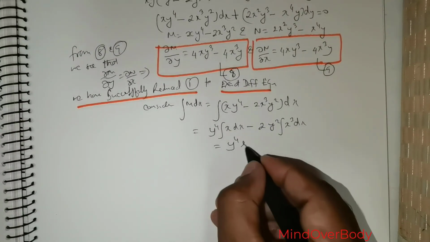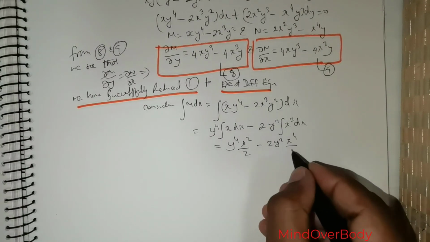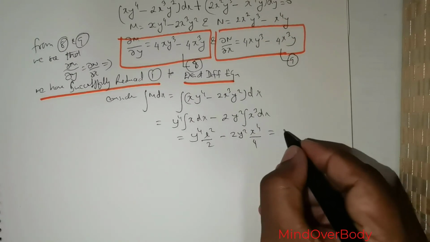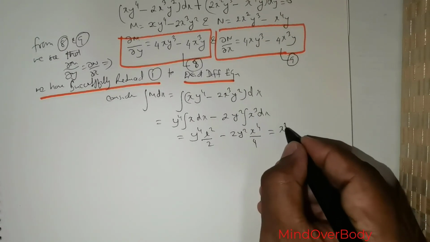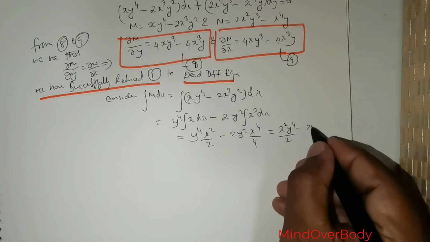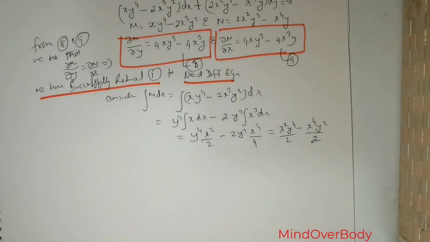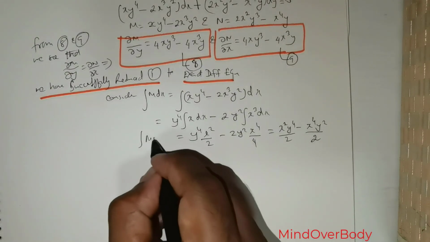This is y power 4 x squared divided by 2 negative 2 times y squared x power 4 divided by 4. This can be rewritten as x squared y power 4 over 2 negative x to the power of 4 y squared over 2. 2 divides 4 2 times. So this is what you have got for integral m dx.